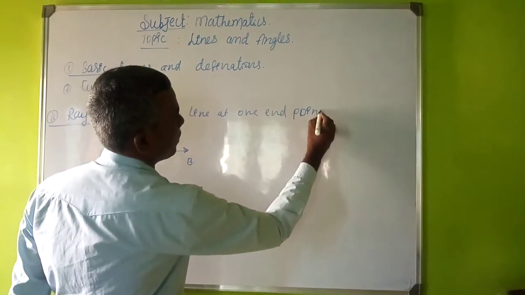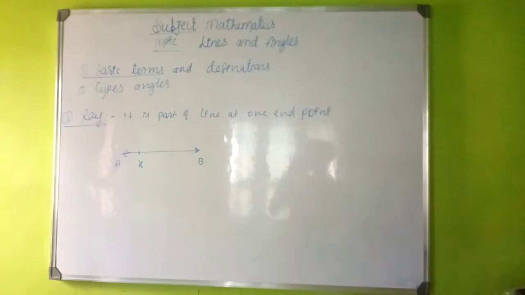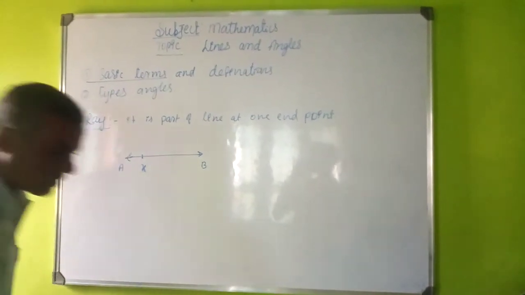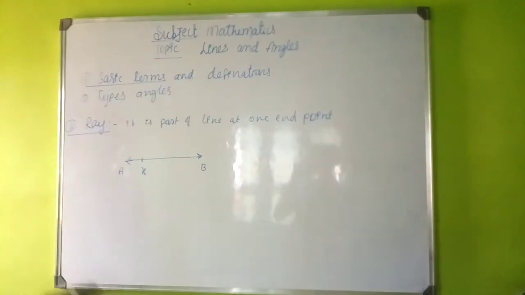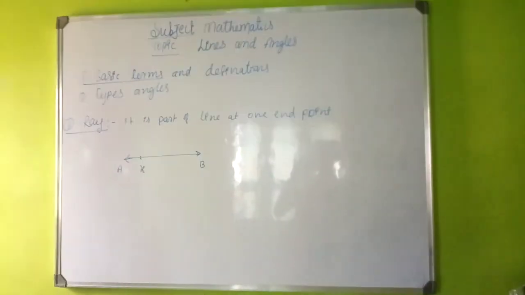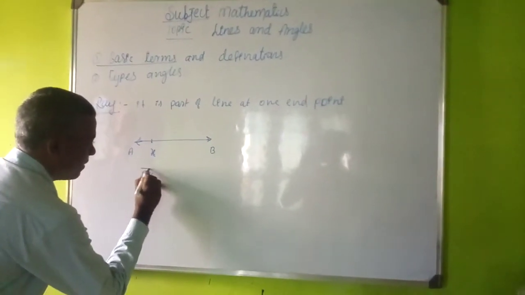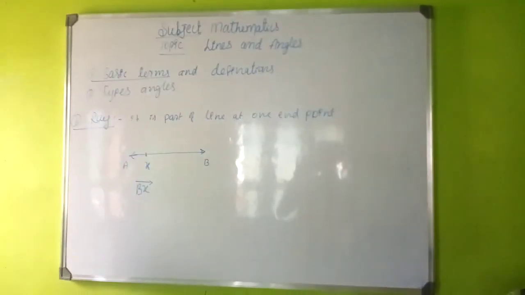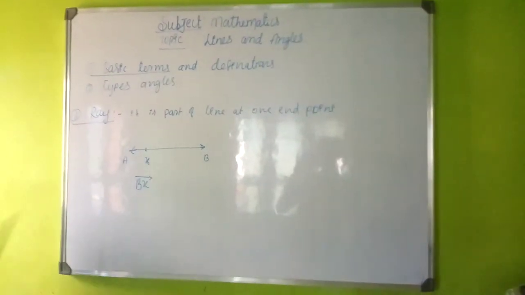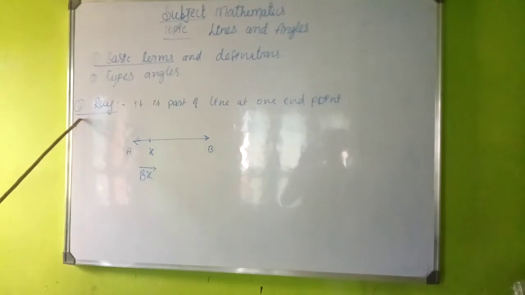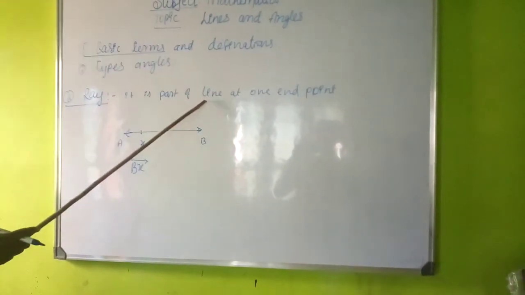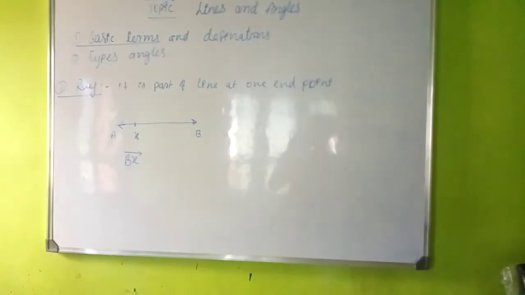At one end point. Okay, students, to understand this, next we can represent it as BX, a ray BX. Ray means it is a part of a line with one end point.